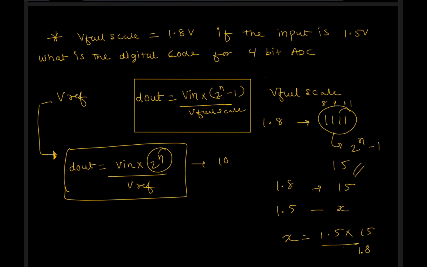Because we remember 2 raised to 10 is 1024, so calculating with 1024 is simpler. That's why for simpler calculation we use V reference in practical life.